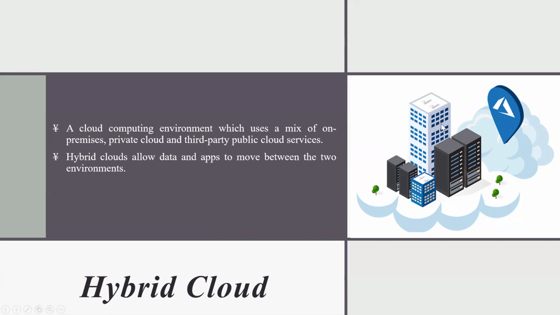All your public cloud providers are protecting your data, keeping it in the private cloud, and only the services are running in the public cloud. Google Drive services, Spotify services, Amazon services run in the public cloud, but your data is in the private cloud. So hybrid cloud is nothing but a combination of private and public cloud.